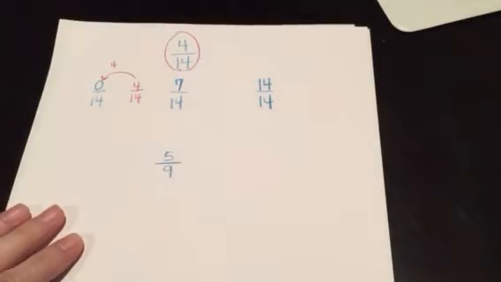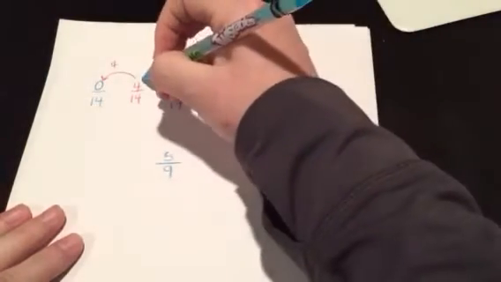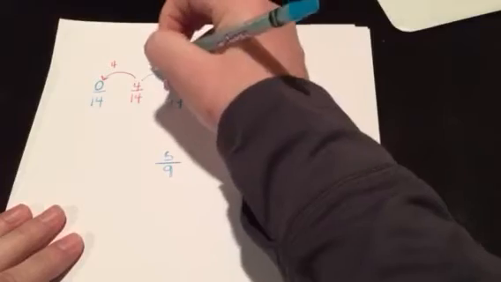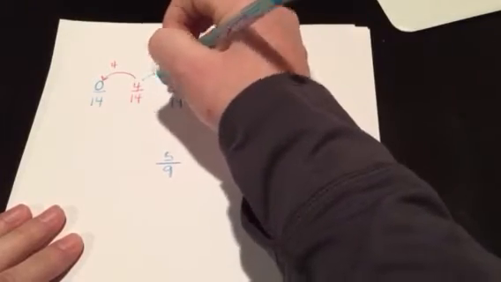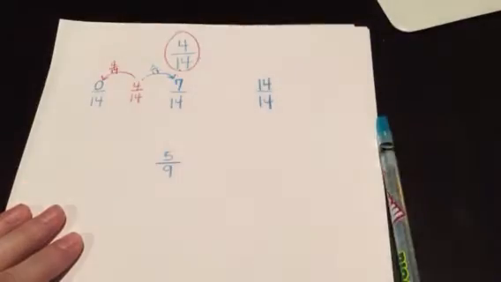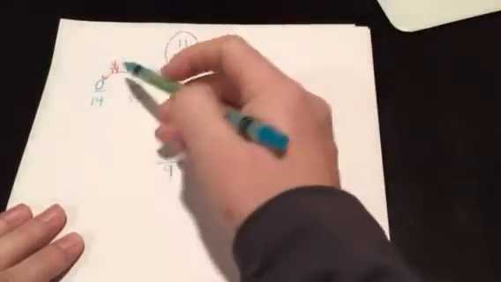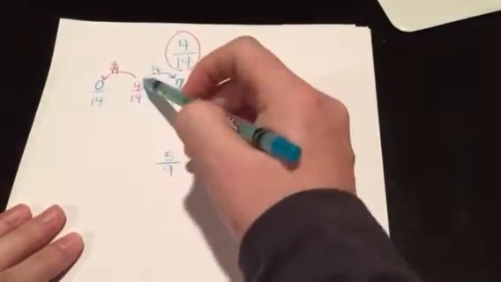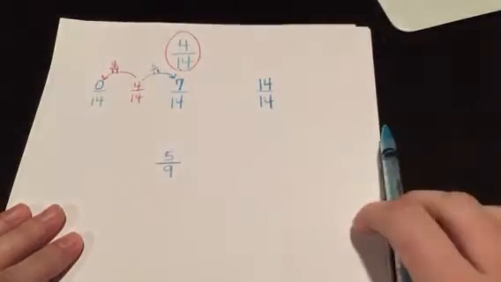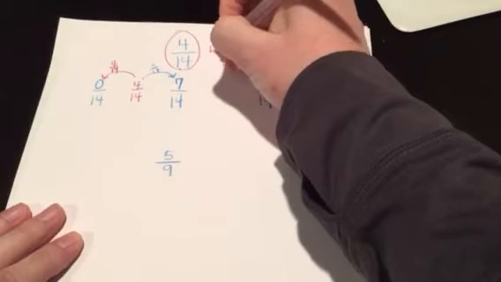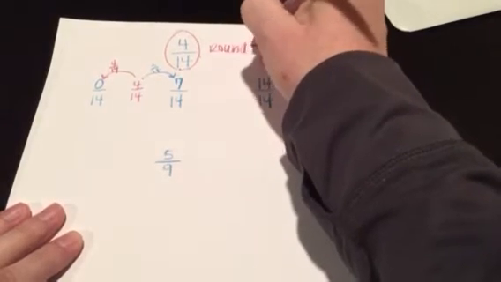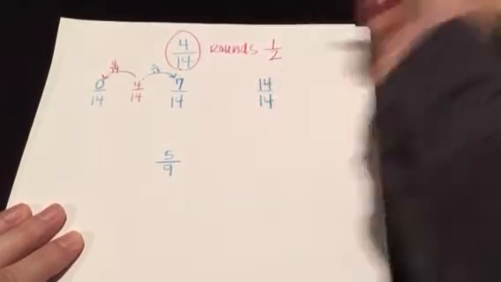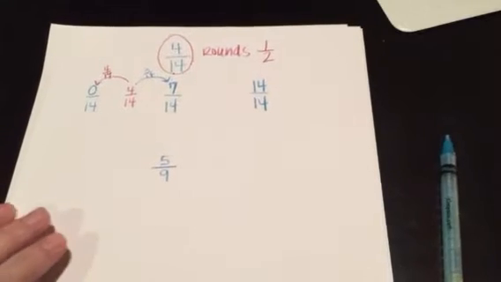And then from 4/14 to 7/14, it's 3/14 away. Go ahead and put a denominator there. So since it's 4 away from 0 and only 3 away from 7, we can say that 4/14 rounds to 1/2, or it is closest to 1/2.